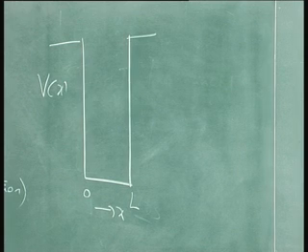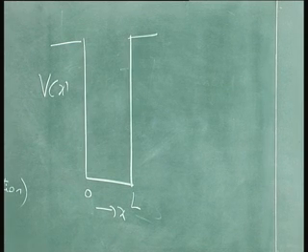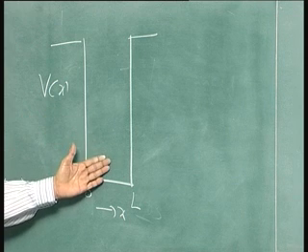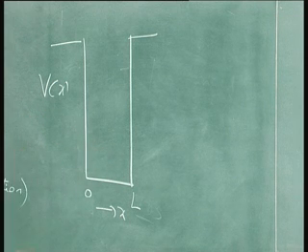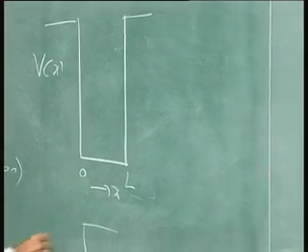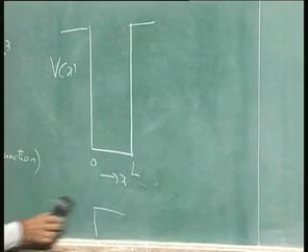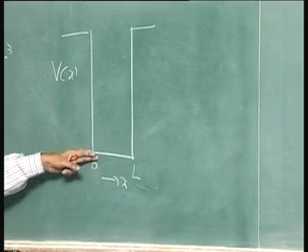Gallium arsenide, if you take, you have the conduction band varying like that. This will be the conduction band of gallium arsenide here, and aluminum gallium arsenide on the bottom side will have the valence band, conduction band. I am not showing the valence band. So, the potential hill is in the conduction band itself.